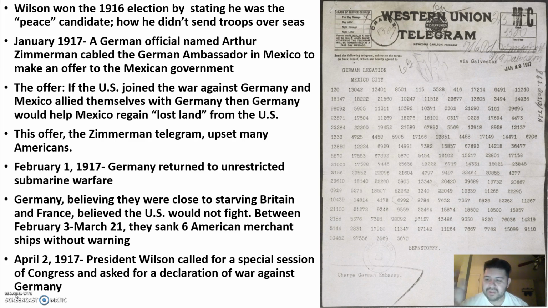And so between February 3rd and March 21st, they sink 6 American merchant ships without warning. And again, remember they said, we won't do that anymore. But now, because they figured this telegram's out there, they can do what they want, nothing's going to stop them. And they're getting very confident.